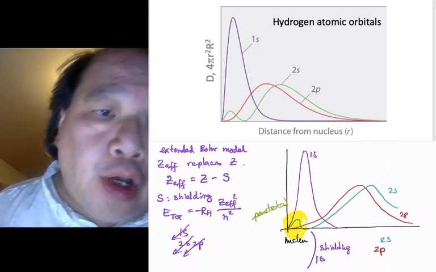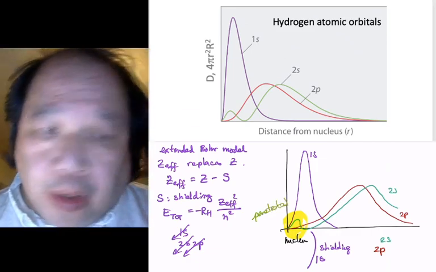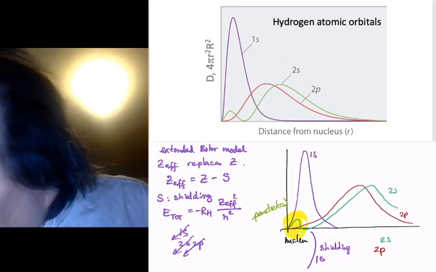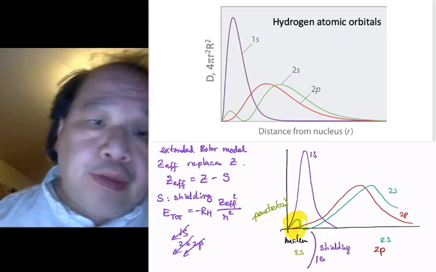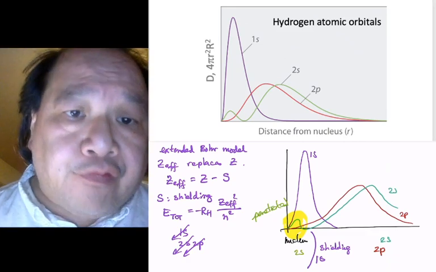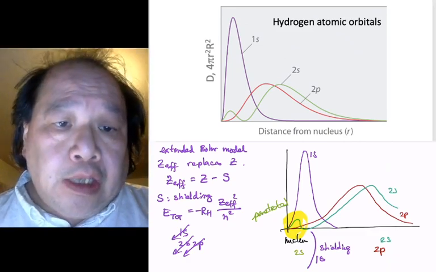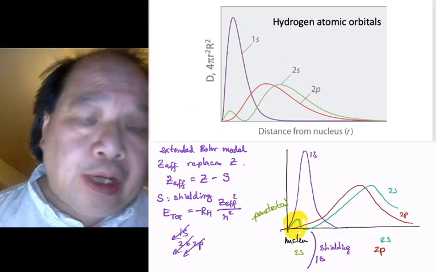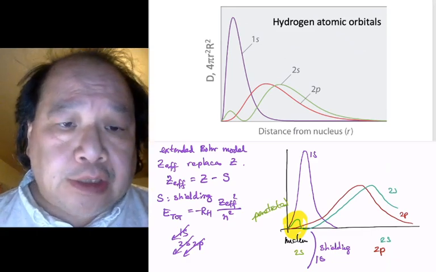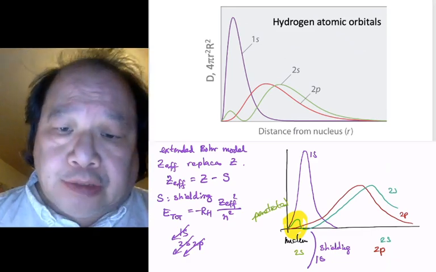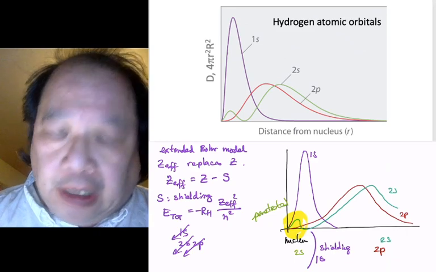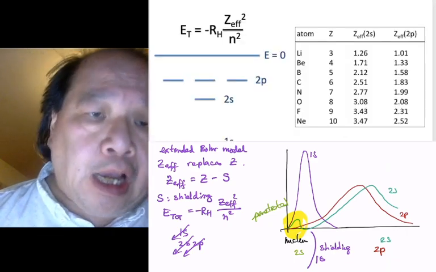The inner node of the 2s has penetrated the 1s. It has gotten through the shield. And therefore, since it has less shielding from the 1s, Z effective for the 2s is a bigger number. That's what's responsible for the energy for 2s being lower in energy.